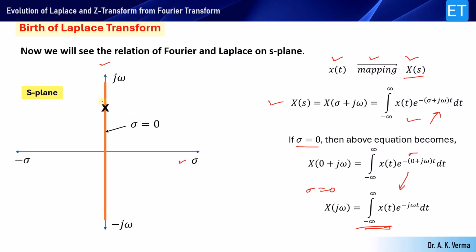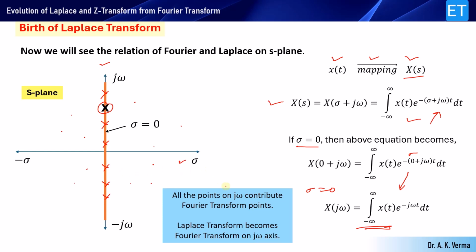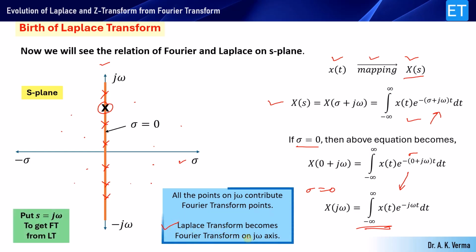So out of all the points in the S-plane, only the points on the j omega axis contribute to the Fourier transform. So the Laplace transform becomes the Fourier transform on this vertical axis.